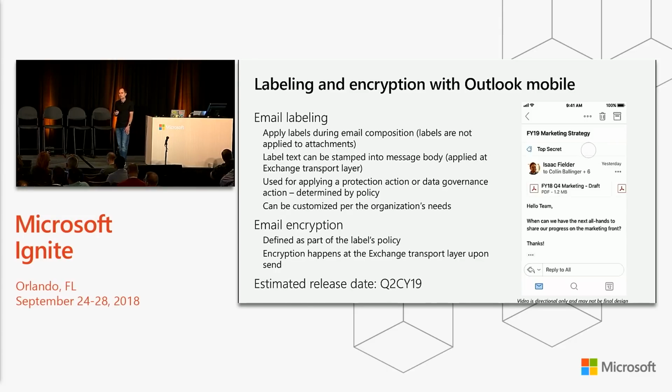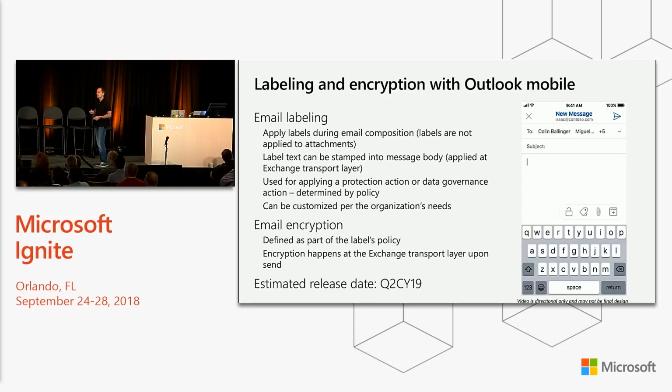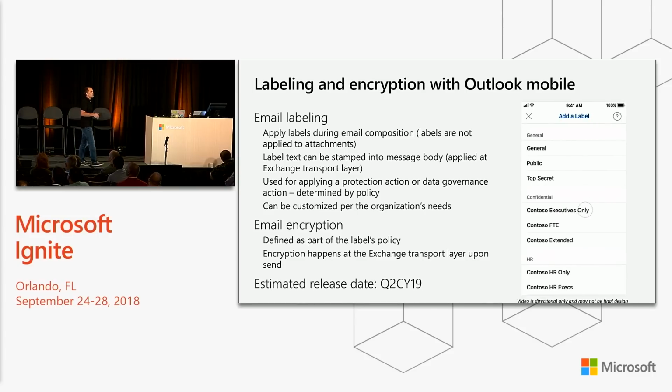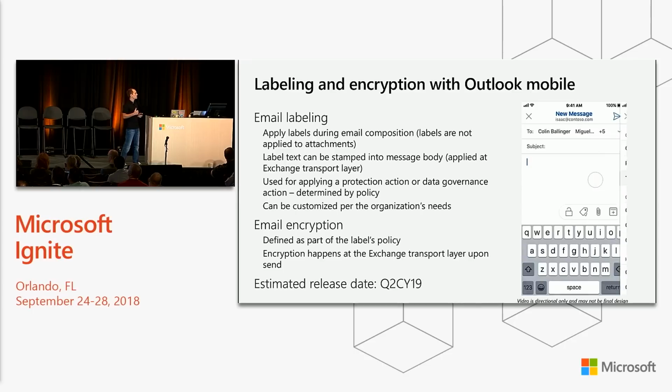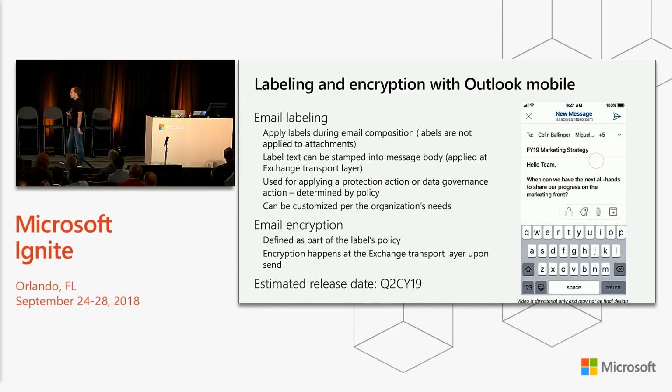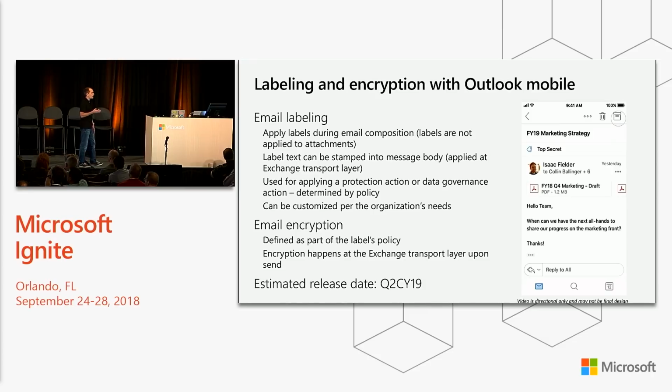So if that policy-based action says the message must be encrypted, when the message is transmitted to Exchange, Exchange will act on that label requirement and encrypt the message so that all intended recipients receive a rights-managed protected version of that particular message. We expect this to release in the second quarter of calendar year 19, and we'll continue enhancing this as time goes on.